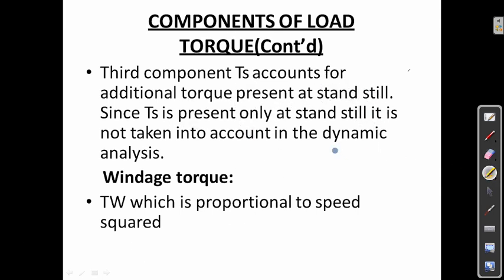What is dynamic analysis? Dynamic analysis is concerned with the speed. So this component is not taken into account in dynamic analysis. Then the final one is the windage torque TW, which is proportional to the speed squared.